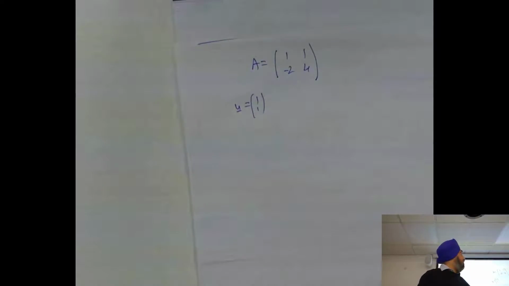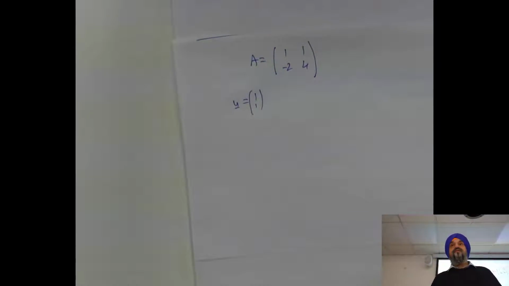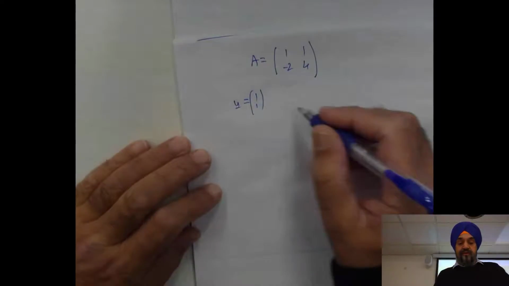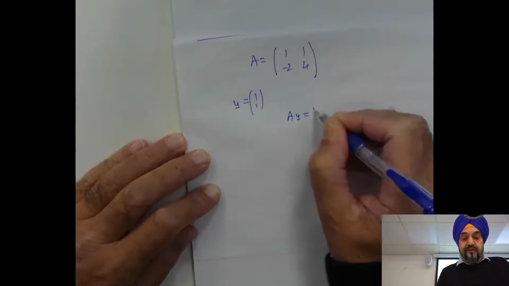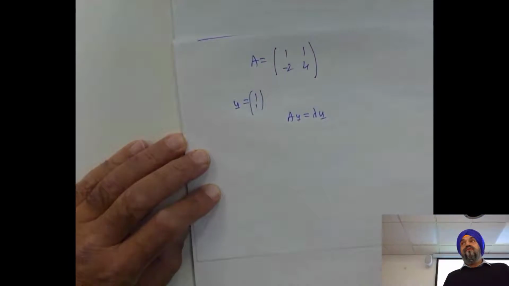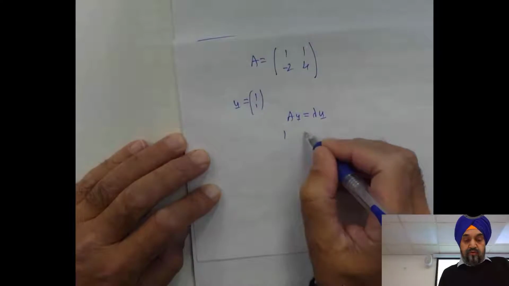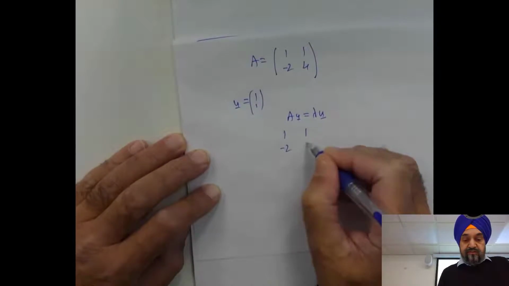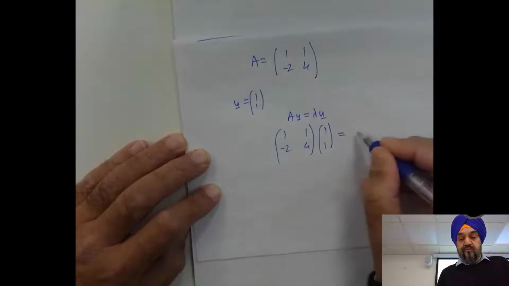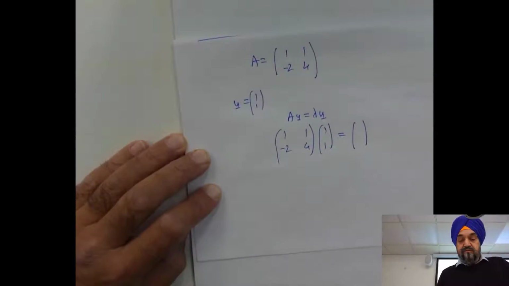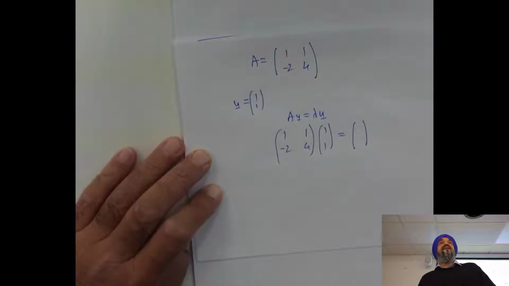So how will we find the eigenvalue in this case? Remember, we want to look at AU, and we're looking at AU equal to lambda U. So what do we get? We multiply the matrix 1, 1, minus 2, 4 by the vector 1, 1.